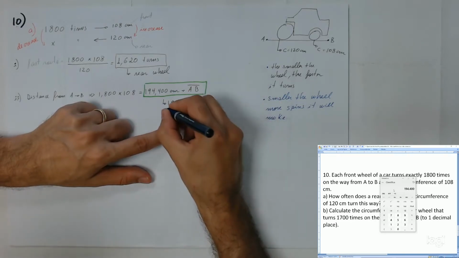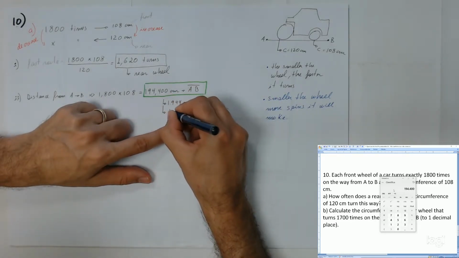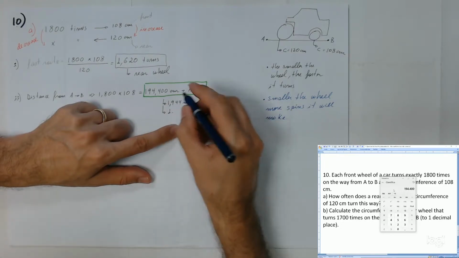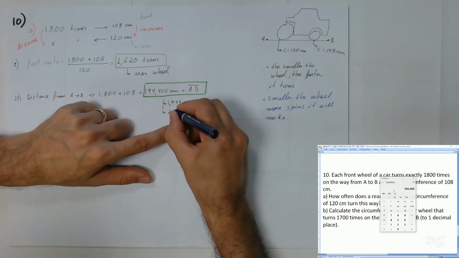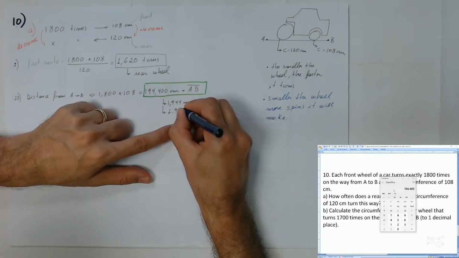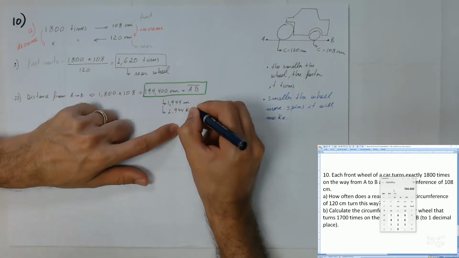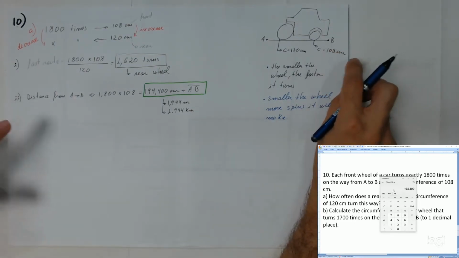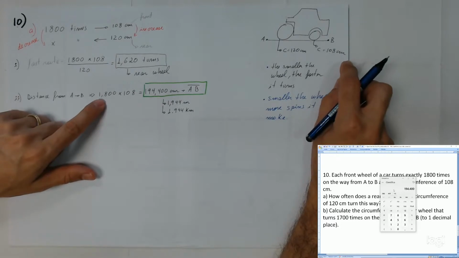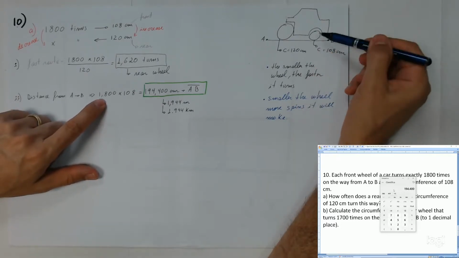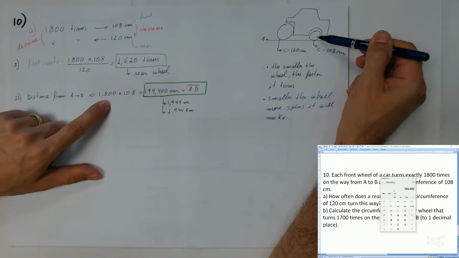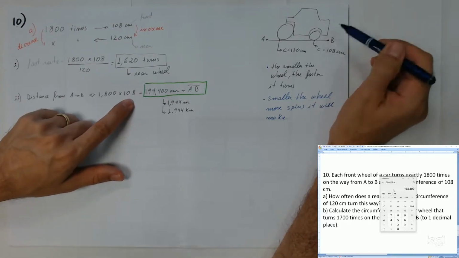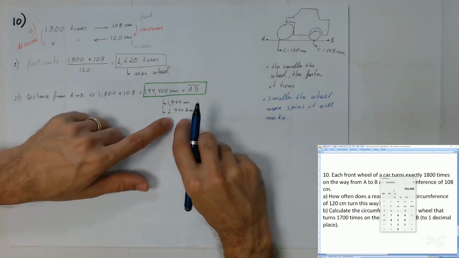Okay, let's go with kilometers: 1.944 kilometers. So almost 2 kilometers this car went through, being that the front wheel made 1,800 turns, having a circumference of 108. So we know the distance from A to B, almost 2 kilometers.